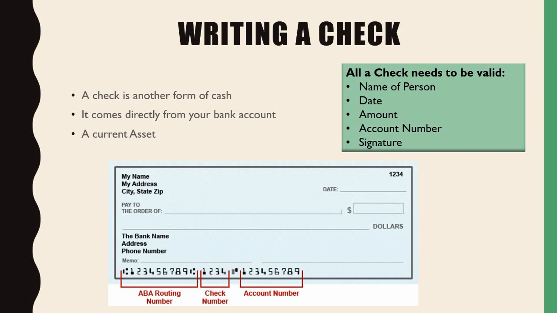It will also keep track of who you paid and what you paid. Again, a credit card also does the same thing. We'll talk about that in a second. But in this case, checks are normally used as some form of paper trail and proof that a transaction has occurred and existed.